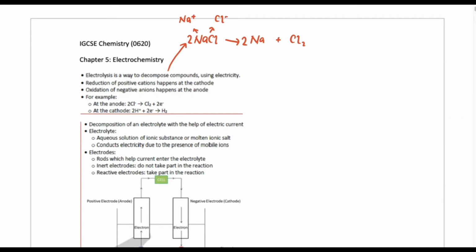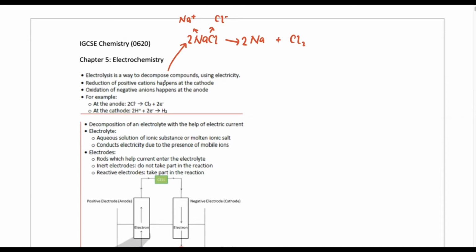So because of that, the positive cation is going to the cathode. Cathode is a negative terminal, as you can see here. The positive cations will go to the negative terminal. You know, opposite charges attract each other, so that's why something like that can happen.